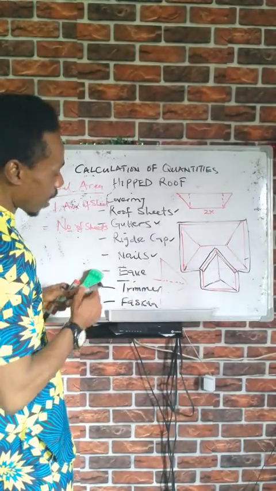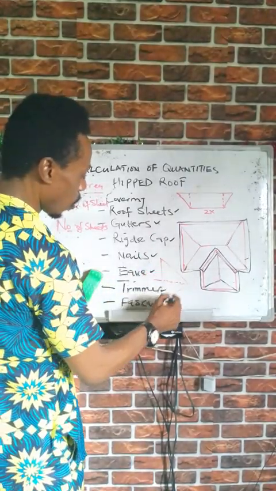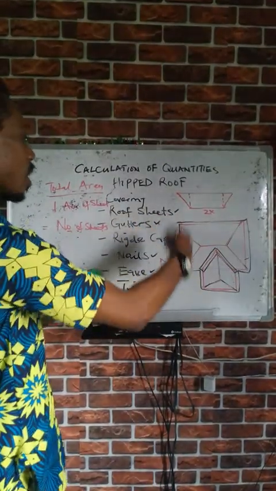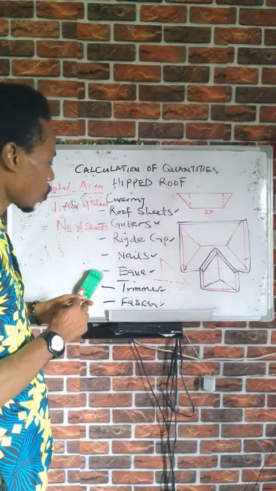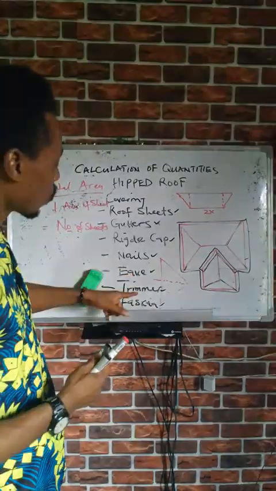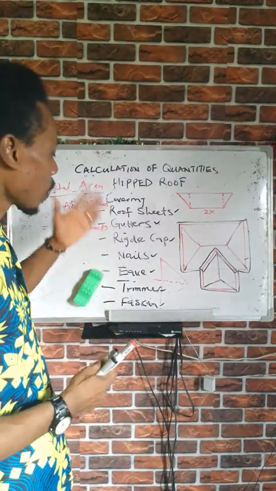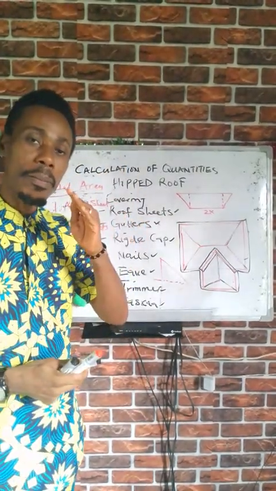The same thing applies to trimmer as well. All of these run on the external part of the roof, so whatever you get here is what you also get here, though their lengths might differ.